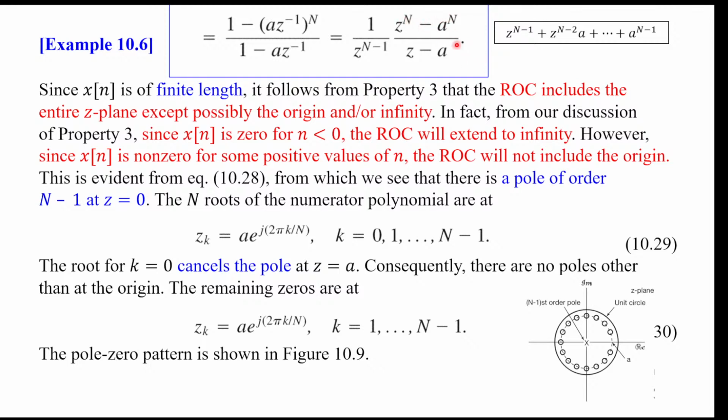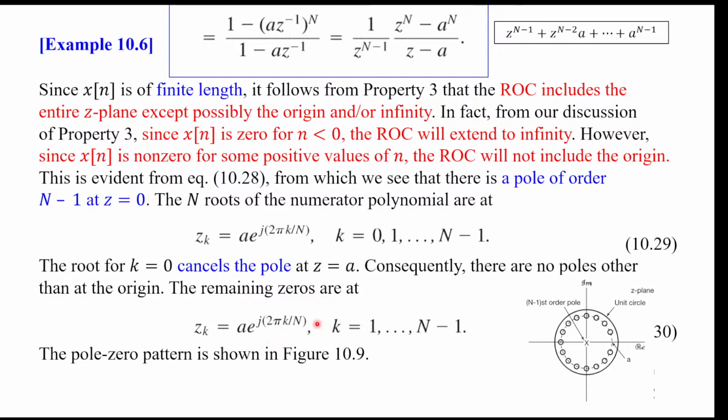So you see that the z minus a factor will cancel out from this part. So there is actually no zero and no pole at z equal to a, and then there are n-1 zeros on this circle at radius equal to a. Okay.